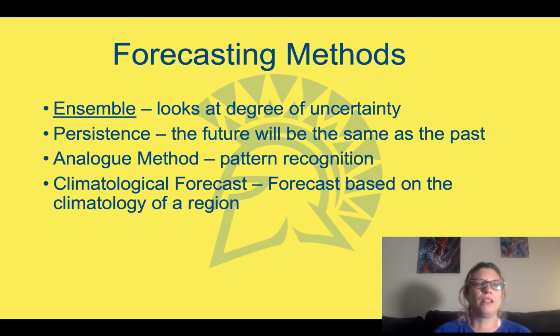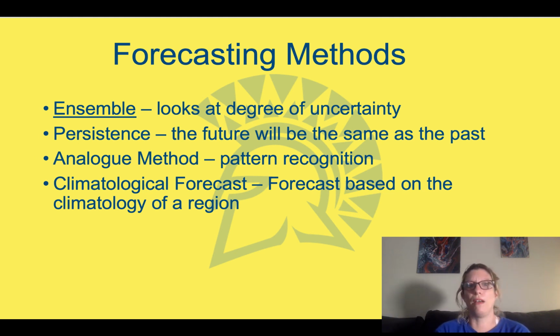And the last one is going to be a climatological forecast. This is one that's based on the climatology of a region. So I would never forecast that it was going to be 25 degrees and snowy in San Jose. That pretty much would never really happen because climatologically it has never happened.